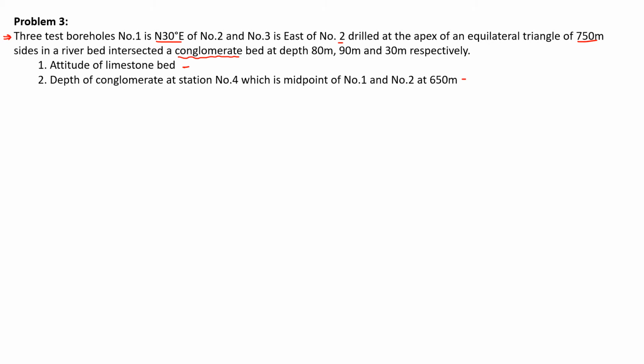So initially first I will take one point. I'll mark one point. Okay, I'll say this is my point, and I'll check. So number 1 is north 30 east of number 2. So I'll consider this as N2, and from here I will draw the line.